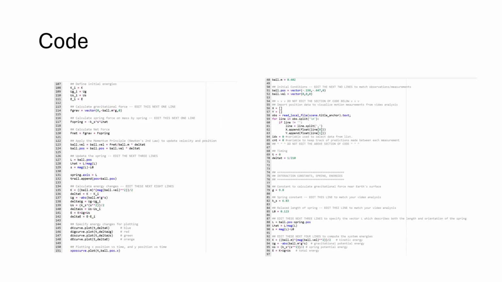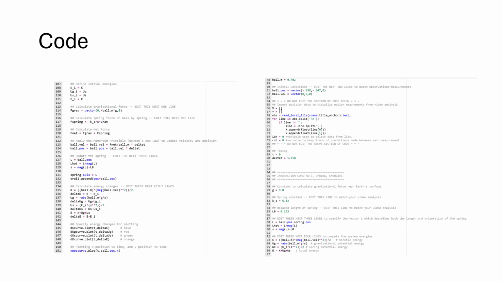In our code, we see on the right, we set the ball mass to 0.402 kg. We put the initial position vector based on the tracker software. Initial velocity was 0.